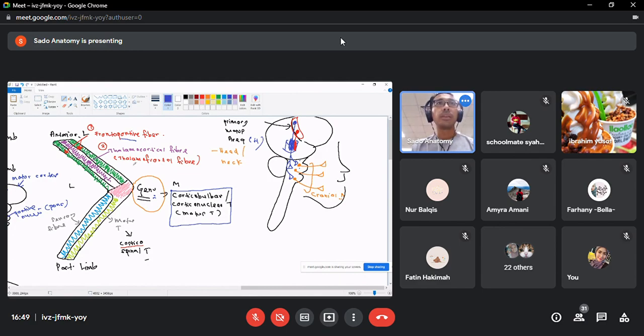This is the corticobulbar tract, whereas this one goes through here, moving downward, and this is the corticospinal tract. Okay, corticospinal. I hope you found this diagram useful. Where is it coming from?